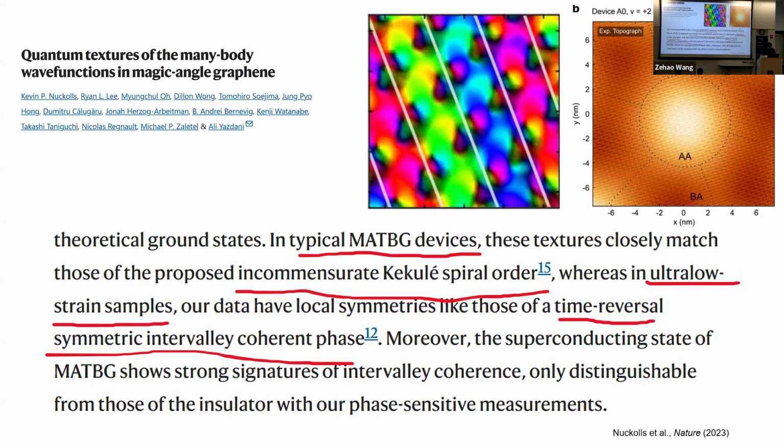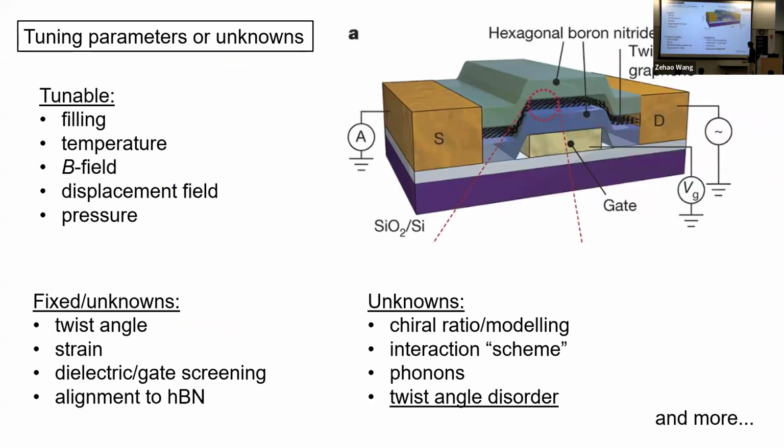So I think this is a valuable lesson in carefully thinking about the effects of all these other factors in understanding the correlated phases of these complicated materials. And a lot of these factors, to various degrees, also affect other moiré or super moiré systems.